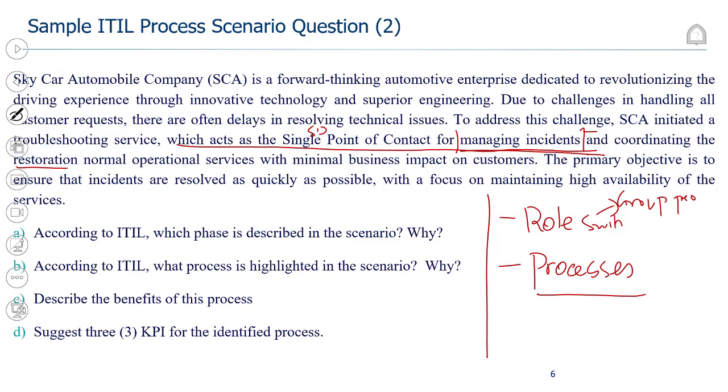The phase there, for example, is service operations, and the process there is incident management.